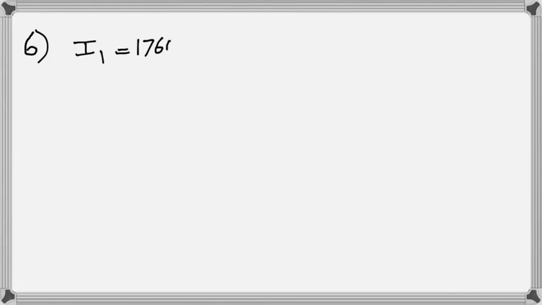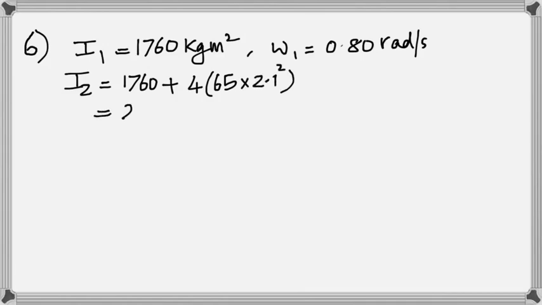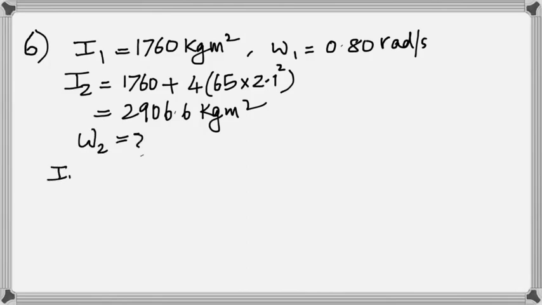So number 6. I1 is 1760 kilogram meter squared. Omega 1 is given as 0.8 radians per second. I2 is this number plus 4 times mr squared. That's 65 times 2.1 squared. And that you will get 2906.6 kilogram meter squared. And you have to find the final angular velocity.